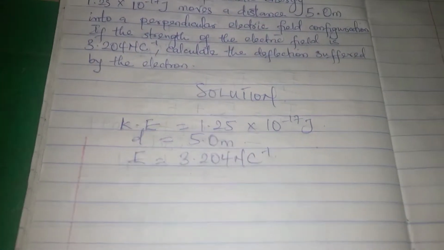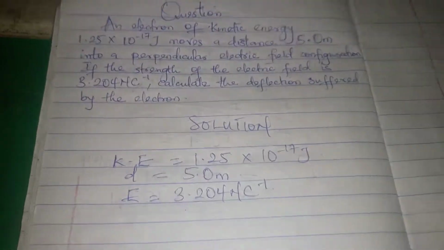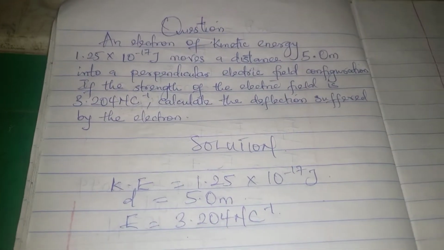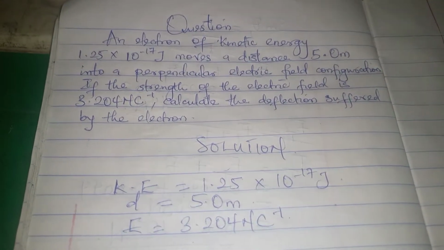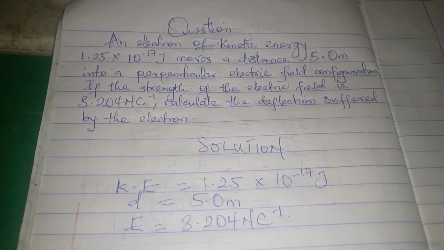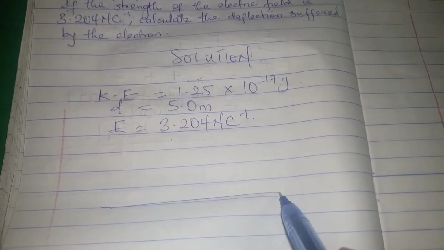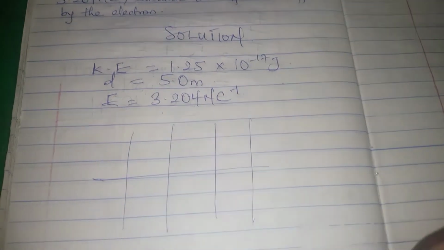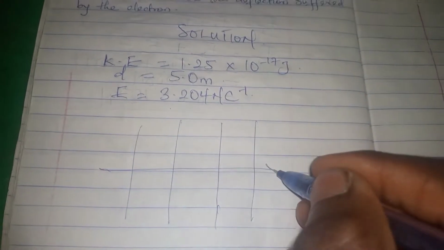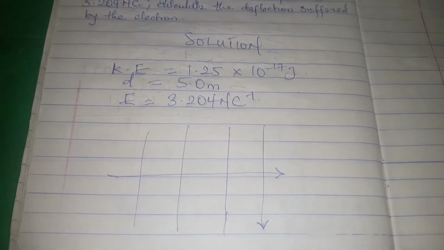So what we have here now is that we need to express this in form of a diagram. What does the question say again? We review that an electron of kinetic energy this moves a distance this into a perpendicular electric field configuration. That is, if the electron was moving like this, definitely the electric field was moving in perpendicular direction. So let's assume it's moving like this and that the electric field is moving like this.